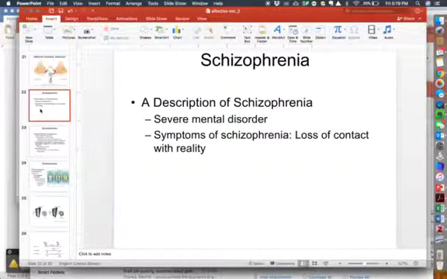So in schizophrenia, what we're looking at is basically a severe mental disorder and some symptoms with it. In the original slides, I had some descriptions that were out of date, so I've taken those off. What we're looking at in schizophrenia is positive and negative symptoms that are associated with it.